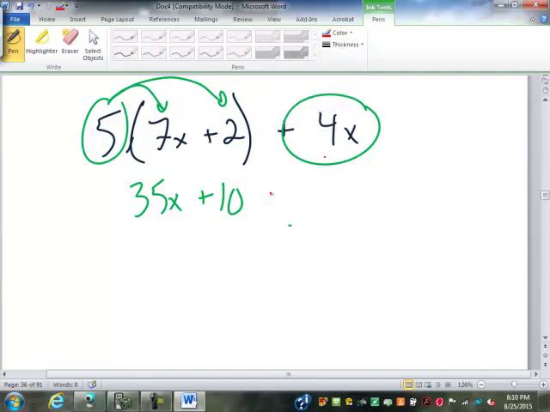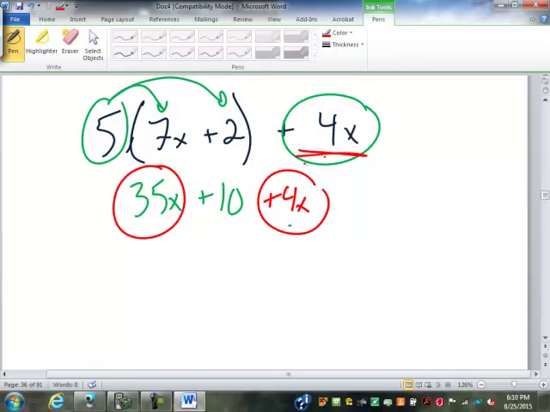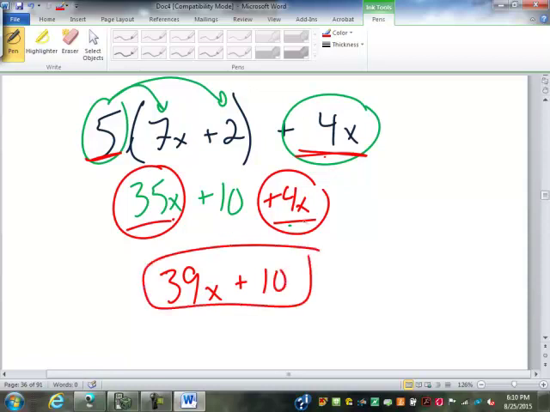We're just going to combine the 4x with the 35x. The 4 is outside the parentheses, so it's not going to be touched by this 5. So 35 and 4 make 39x. Still just x, because at that point we're adding. Plus 10.